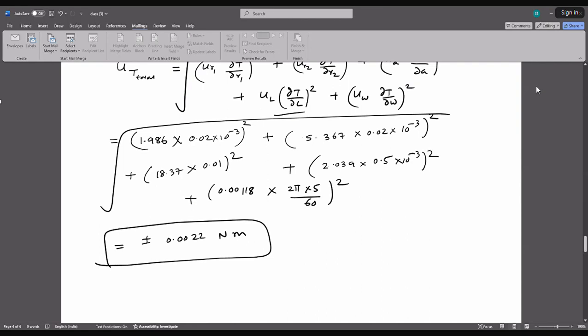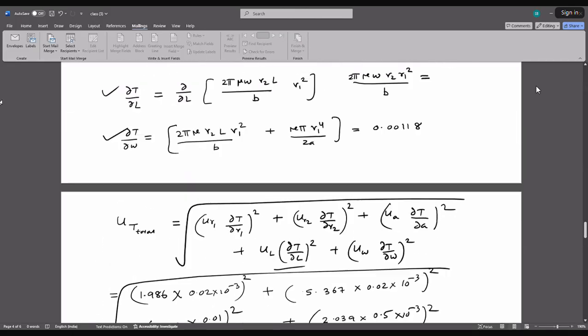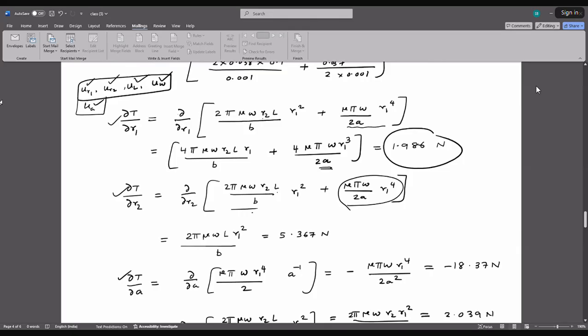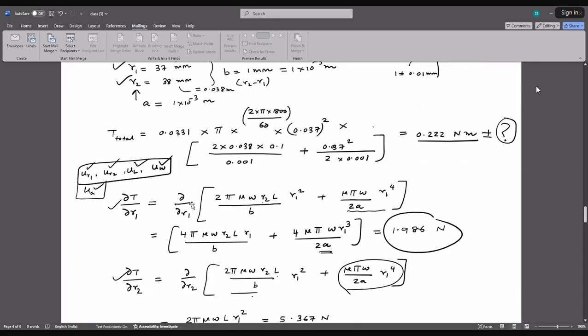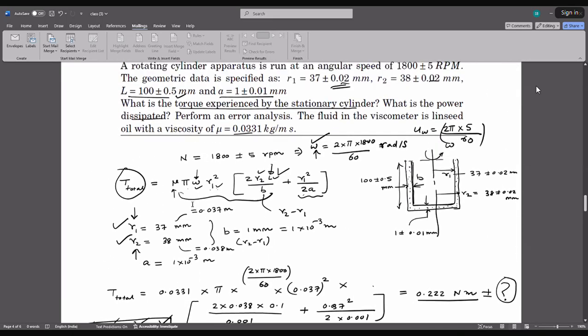Okay. Professor, sir, we have found uncertainty of R1 and R2. So in that case, we need not find for B value, sir. Sorry, can you tell me again? For R1 radius and R2 radius, we have found the uncertainty values. So B is R2 minus R1, right? So we need not find separately for B value.